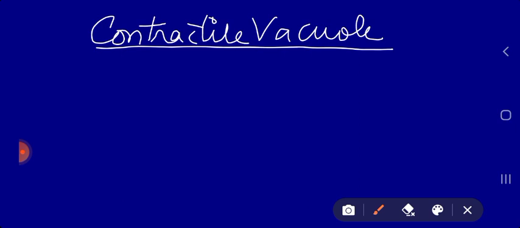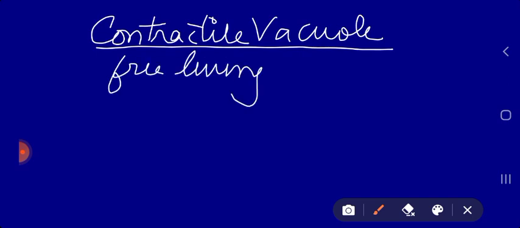All the free living protist groups have this type of contractile vacuole. Okay, so they are found in free living protists.